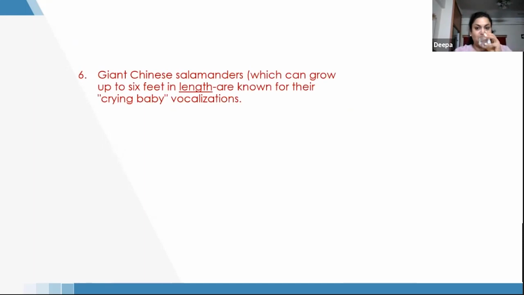Chinese salamanders, which can grow up to 6 feet in length, are known for their crying baby vocalizations.